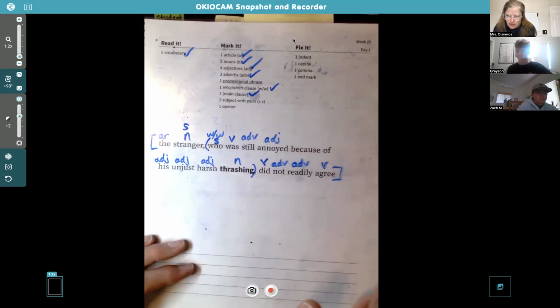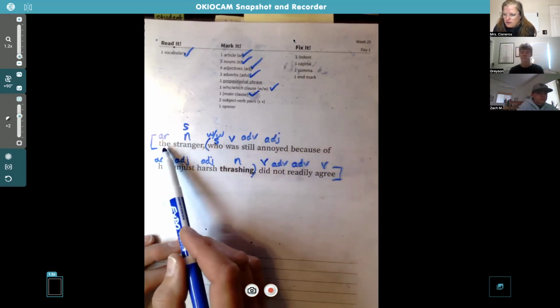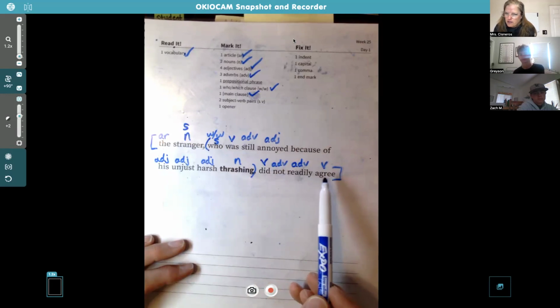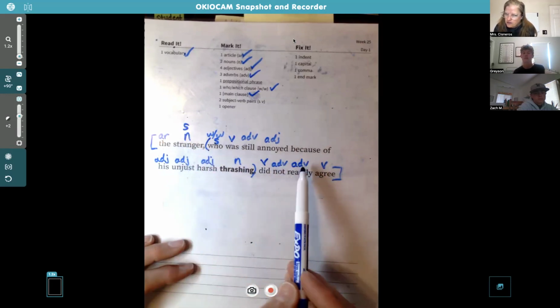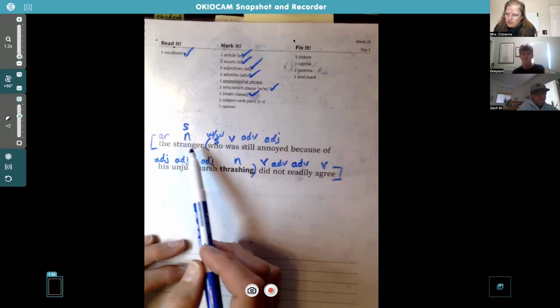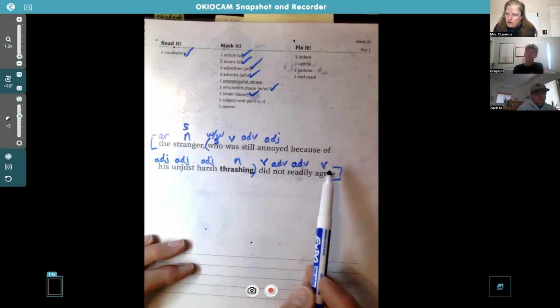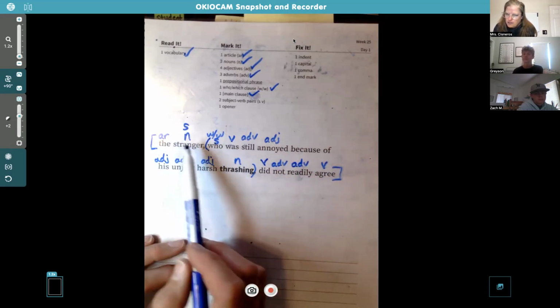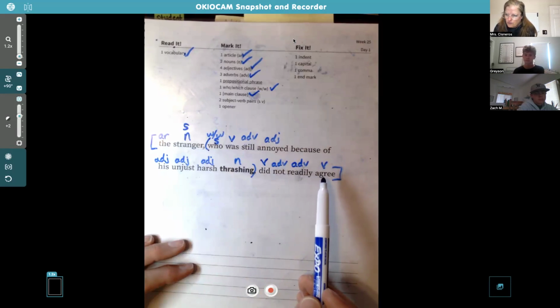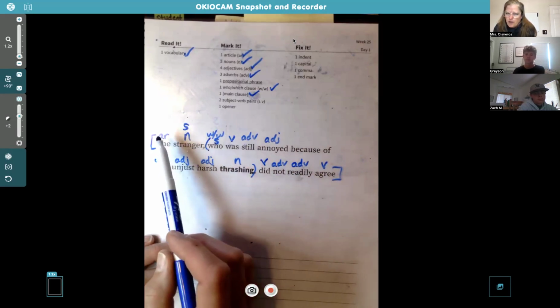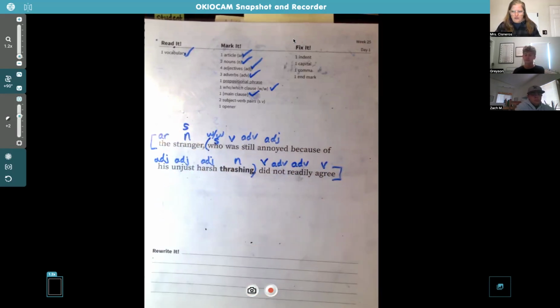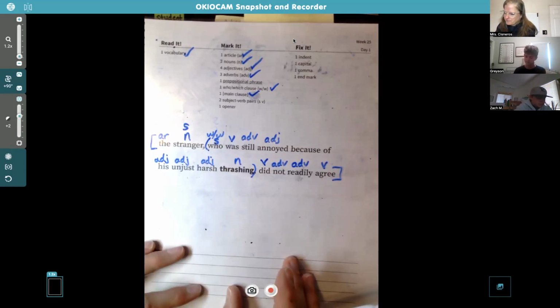If I were to take out that who clause, the main clause would be the stranger did not readily agree. Do you see how that goes together? Because the subject is stranger and the verbs that go with that subject are did and agree. So that's why the main clause includes everything. Because if you ignore the who clause, the rest of it's the main clause. It doesn't break it up.